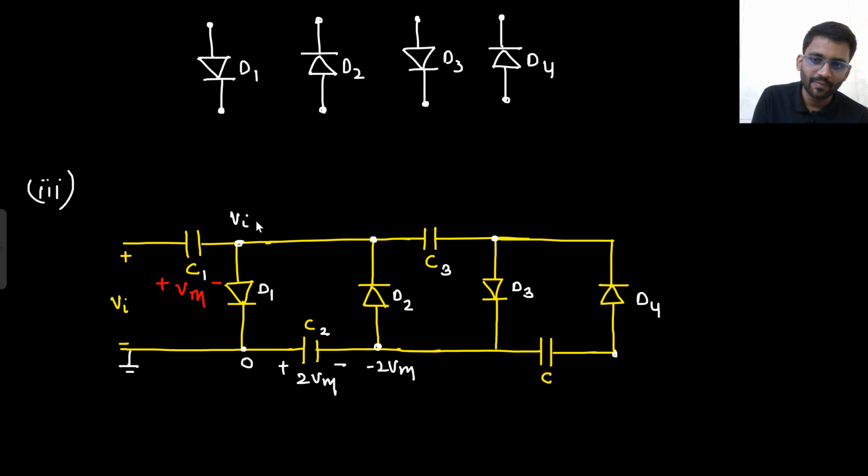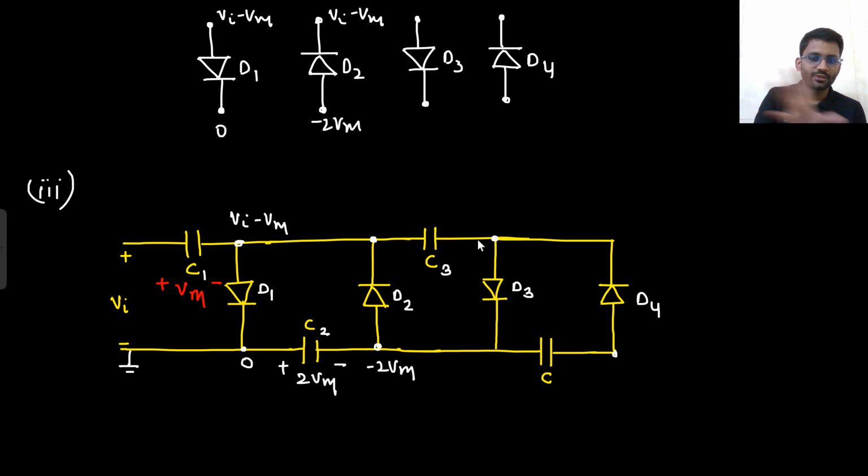Now this potential is 0, that is fine, but now this potential has become minus 2 Vm, and this potential will be Vin minus Vm. This potential will be Vin minus Vm, and lower end of D1 is connected to 0. What about D2? Vin minus Vm, lower end is connected to minus 2 Vm. C3 is not charged, so Vin minus Vm will be here. What about the lower end?